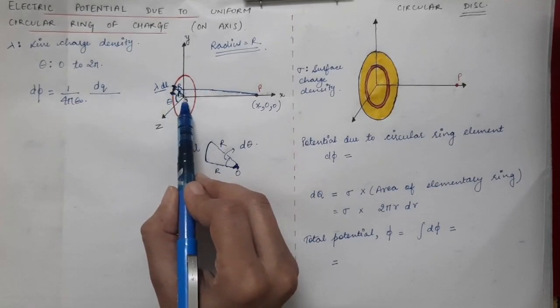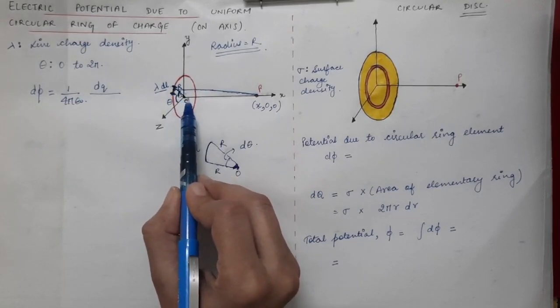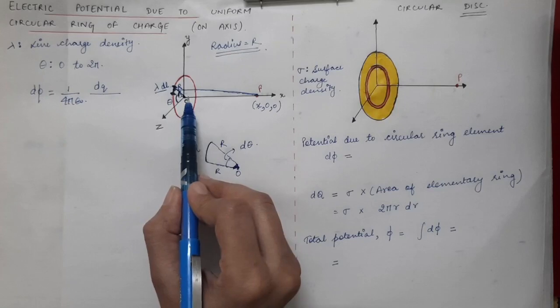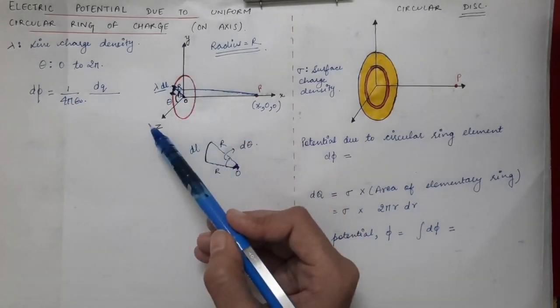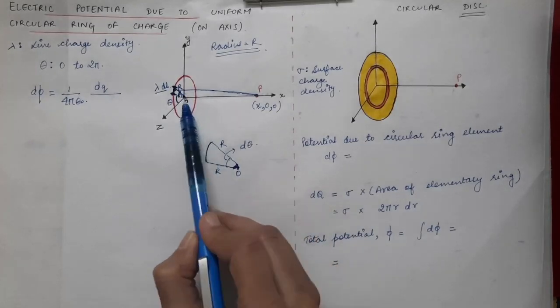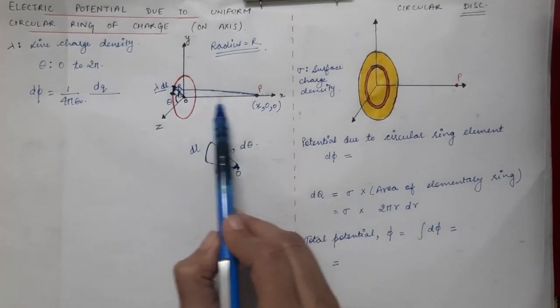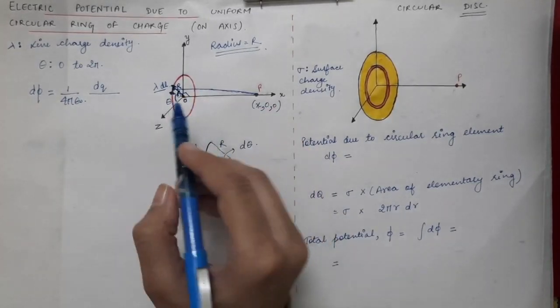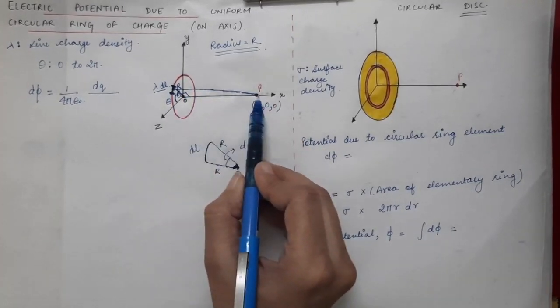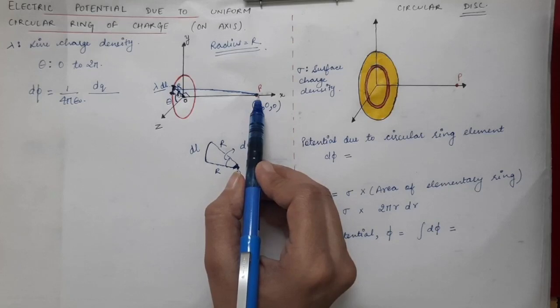The length R is perpendicular to the x-axis because the ring is in the YZ plane, so it makes 90 degrees with this x distance. Therefore this slanting length will be the hypotenuse of a triangle.